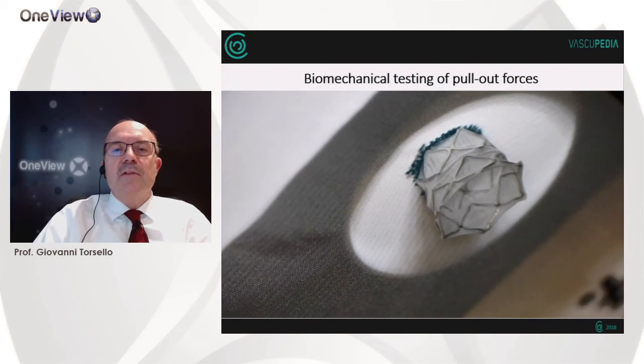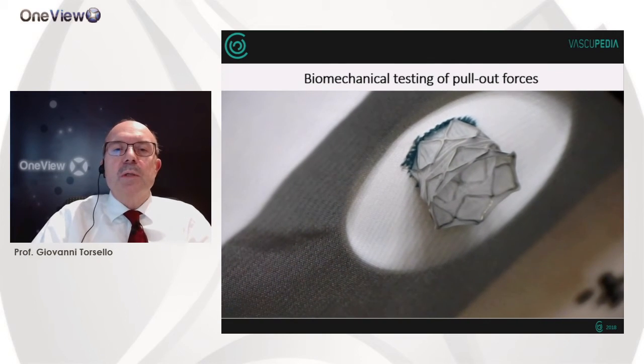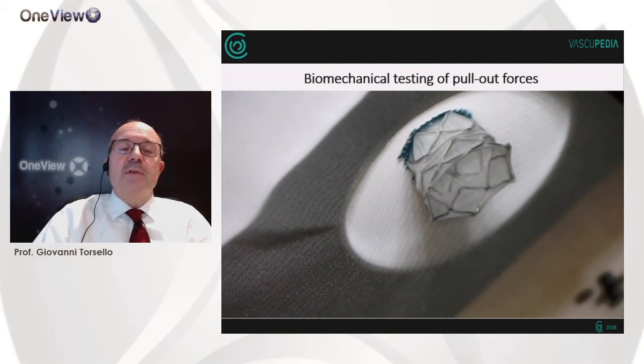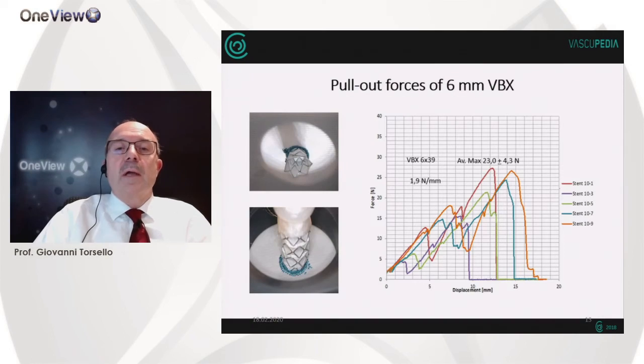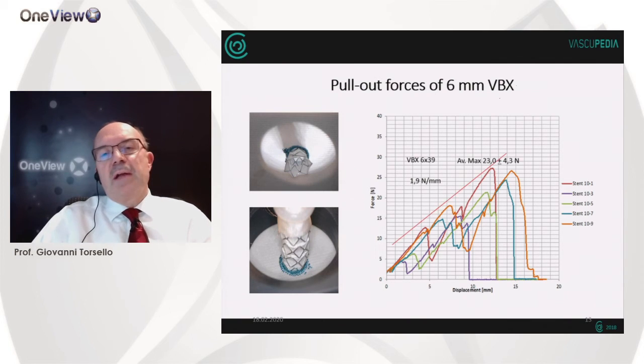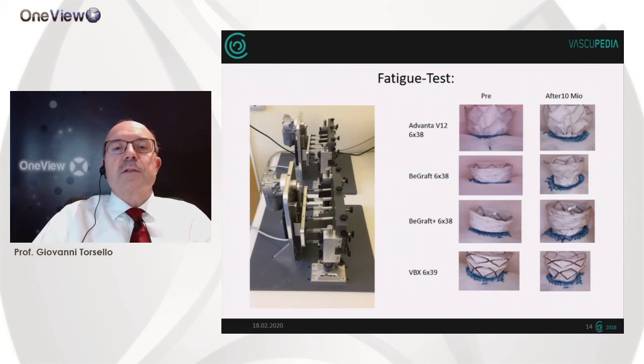You see here the VBX, we pulled and pulled and pulled, and the stent offered a very good force against this motion. We measured the pull-out forces here of 6 millimeter VBX in 5 examples, and you see here the average maximum of pull-out force was very, very high. So high resistance to this stress.